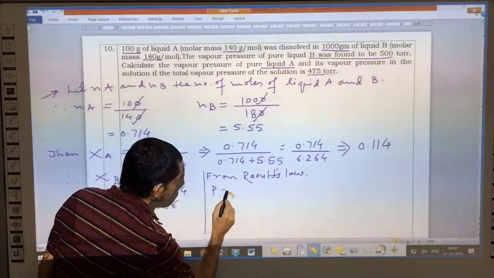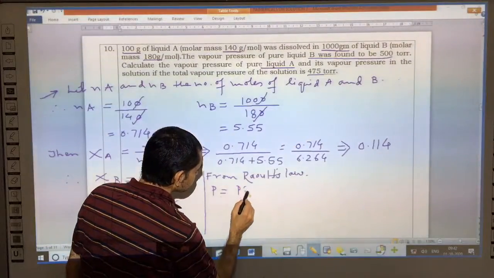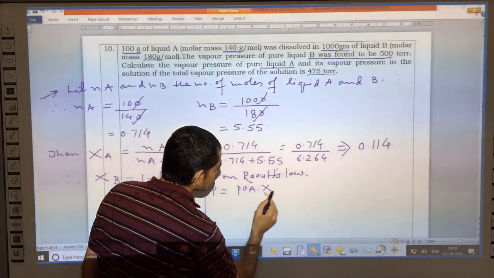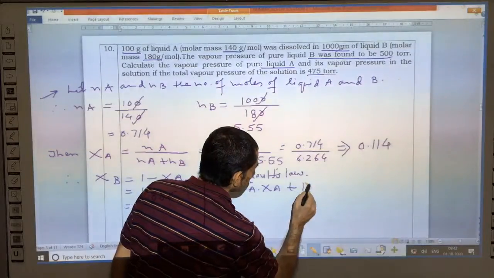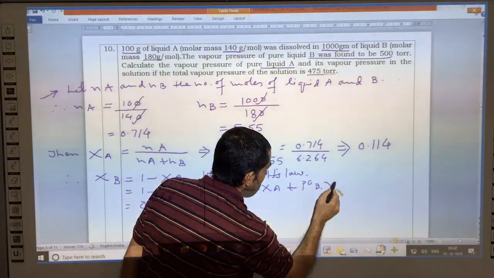P total is equal to P naught A XA plus P naught B XB.